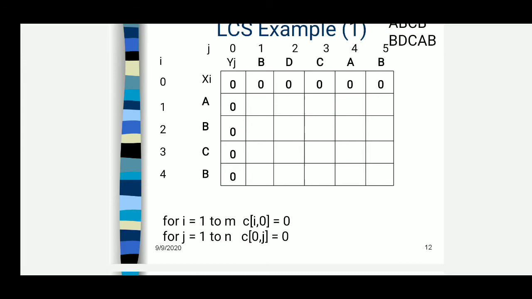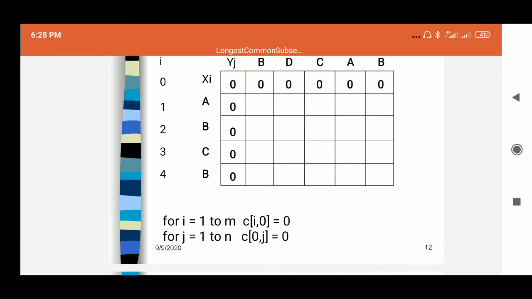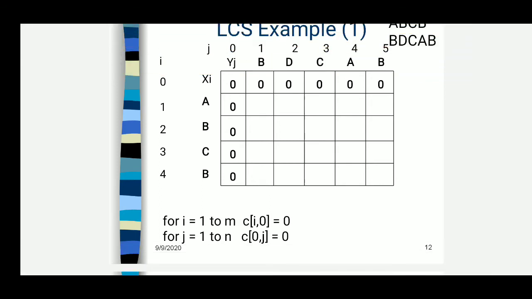Whenever a is not similar to b, I am telling you the trick: by observation we see that there is no common value. A and b are not common characters, so we will put the pre-computed value.